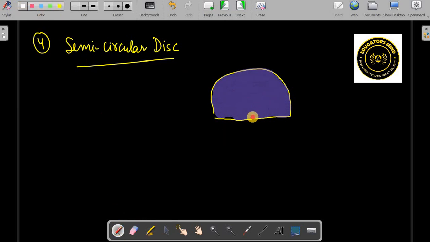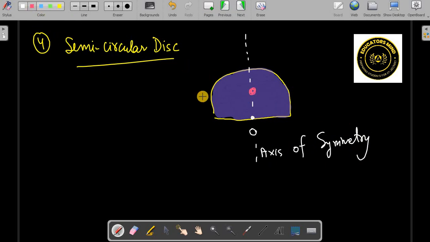From the center of the disc, again it will lie on the axis of symmetry. So it will lie, let's say, here. This distance from the base, or from O, is going to be 4r by 3 pi. This we have to remember, otherwise we need to derive it again. Okay, 4r by 3 pi.